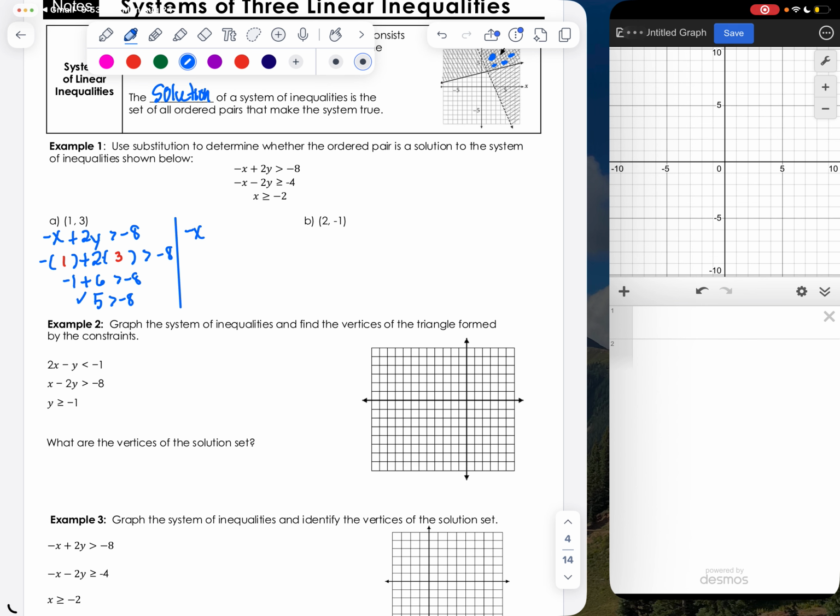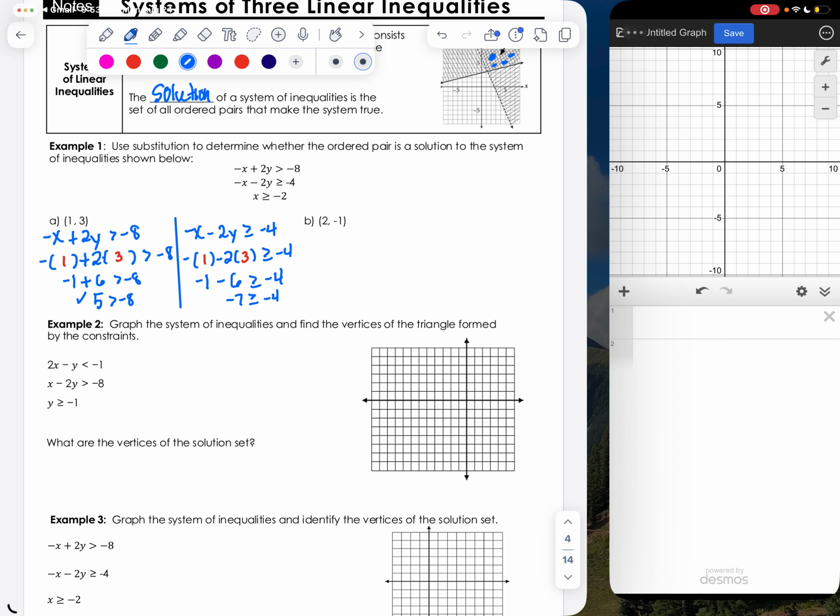Negative x minus 2y greater than or equal to negative 4. Replace the variables with parentheses. And I will plug in my ordered pair, 1, 3. And negative 1, this would be negative 6 greater than or equal to negative 4. So I get negative 7 is greater than or equal to negative 4.